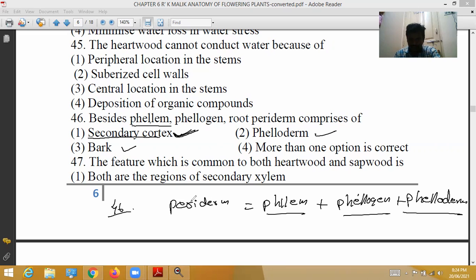So these three are collectively called periderm. The root periderm and stem periderm consist of secondary cortex, phelloderm, and bark. Phelloderm is a secondary cortex. So for the 46th question, the correct option is 4. More than one option is correct.